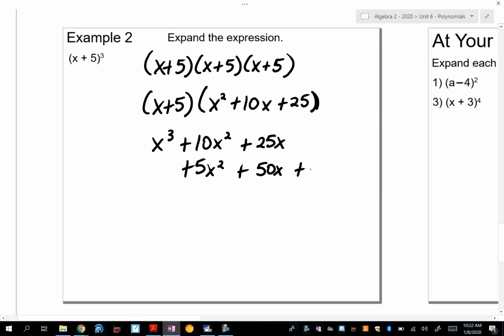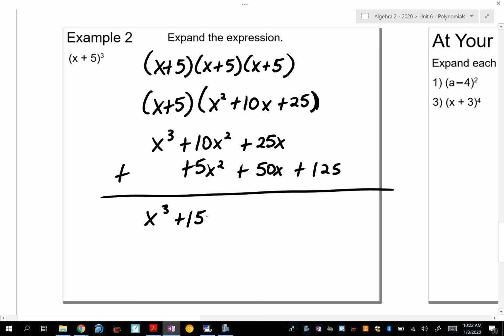Somebody said it, 125. Okay, and if you add those together, you'll get x cubed plus 15x squared plus 75x plus 125. So that's it.